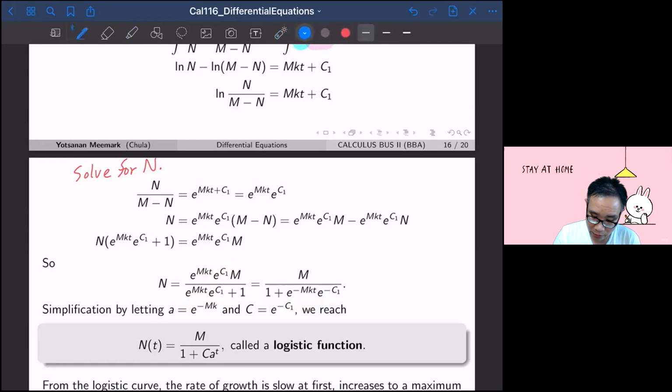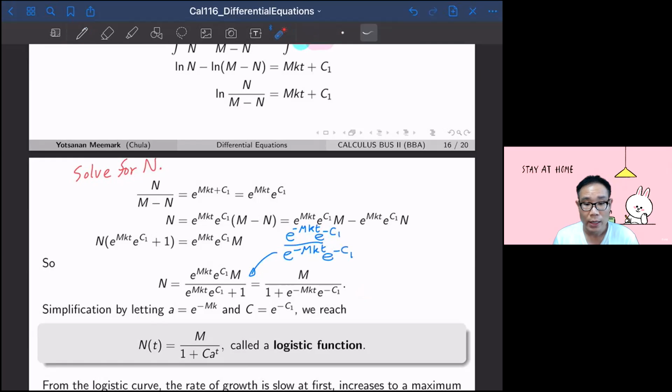Okay, let me just explain this one. Here you multiply the top and the bottom by e to the negative Mkt e to the negative c1, and this one is given by this.